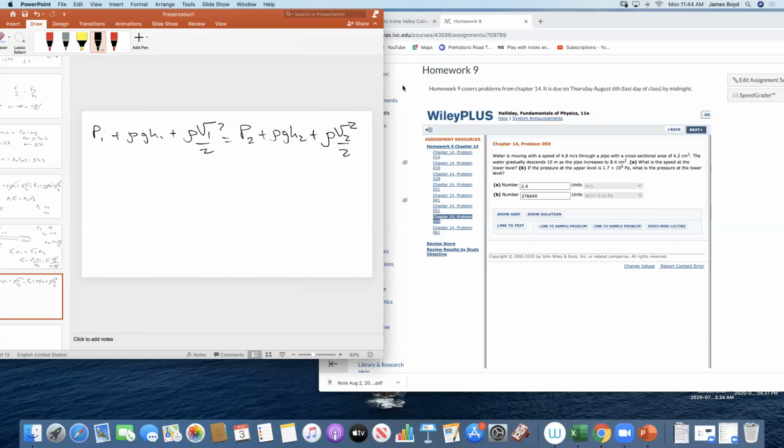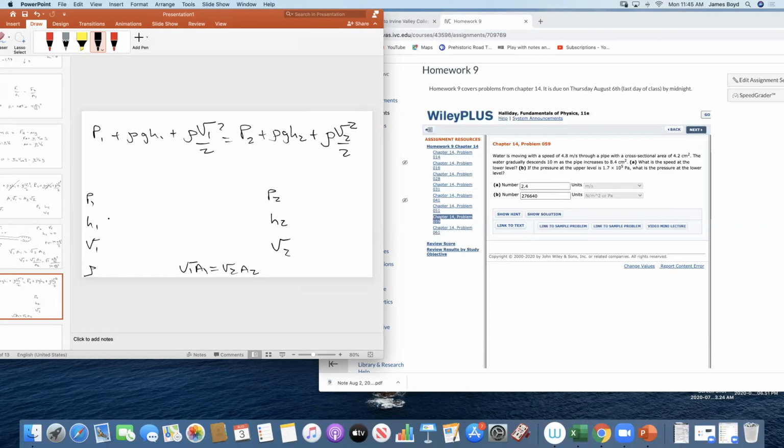Okay, and so part B here we'll talk about. So we're given, again, we want P1, H1, V1, and we really should probably write down rho, P2, H2, and V2. And then remember that we have V1 A1 is equal to V2 A2.